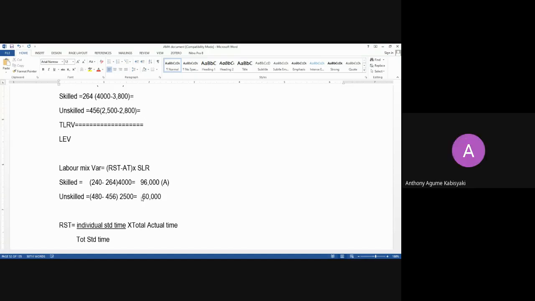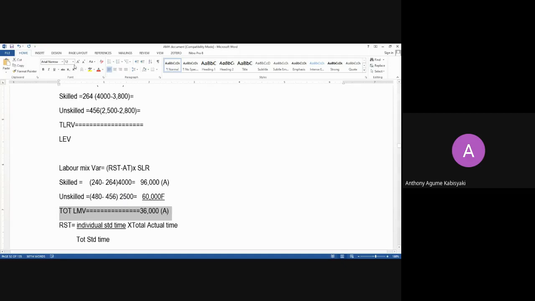So when you add the two, your total labor mix variance would be 36,000 adverse. So that is your labor mix.